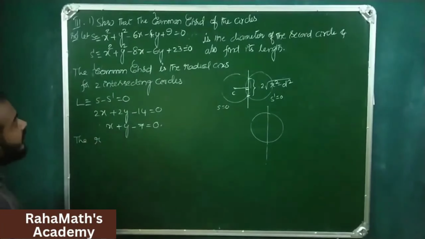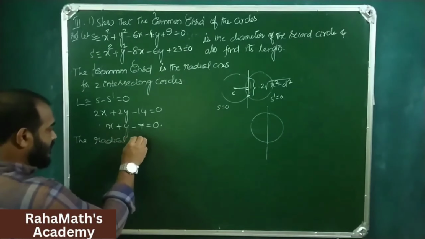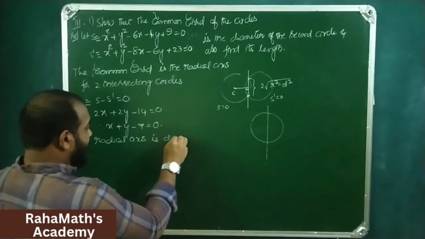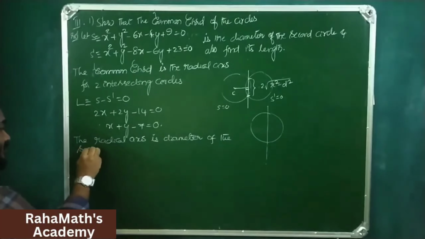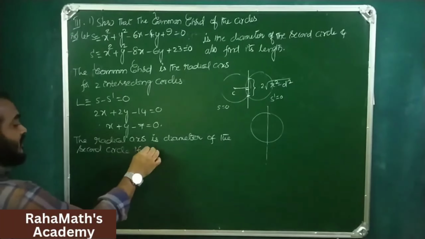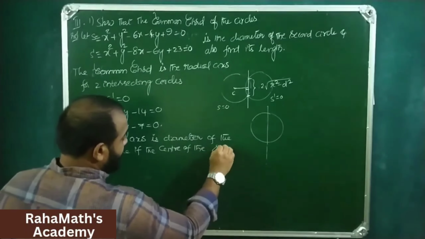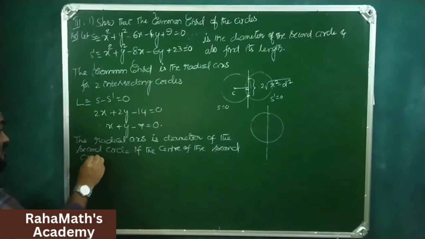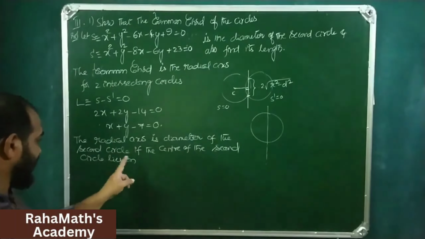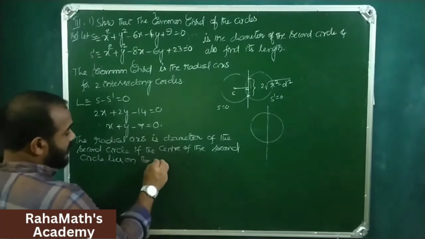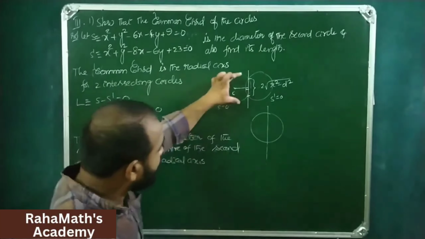So the radical axis here, the common chord of the circles, is the diameter of the second circle if the center of the second circle lies on the radical axis, which is the common chord here.